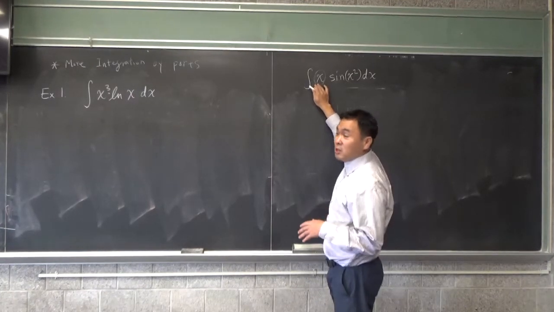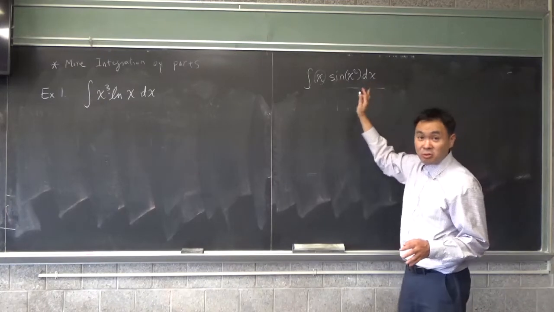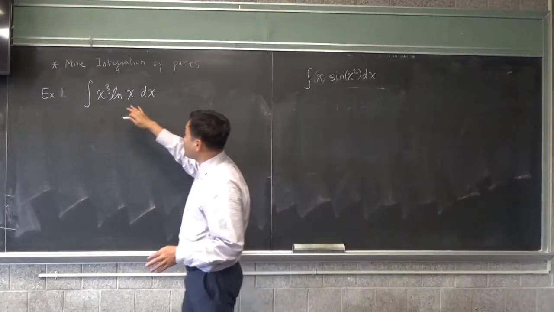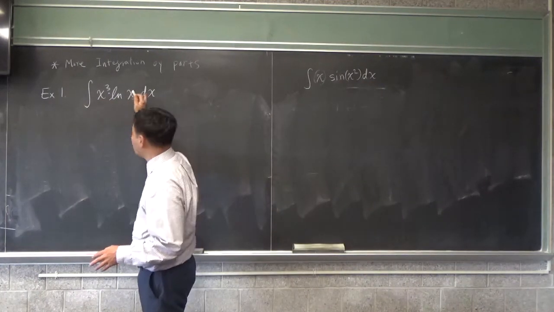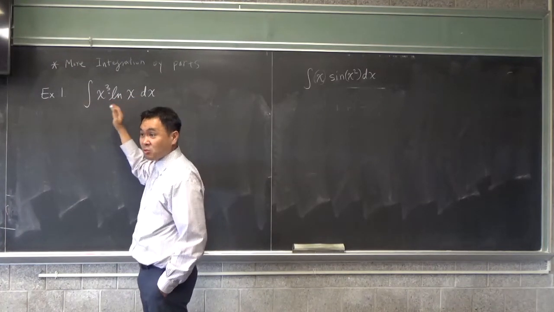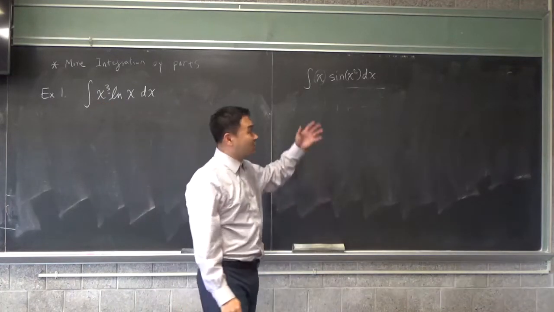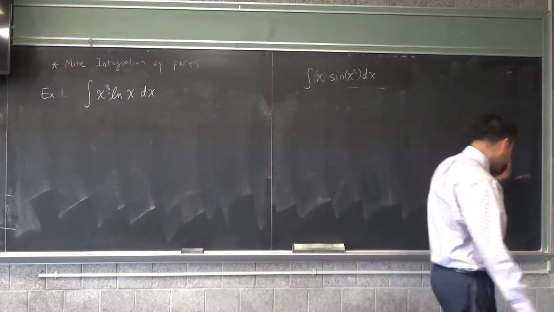When you undo the chain rule, this x will vanish away. That's why this is a u substitution, whereas this one doesn't have such a structure. You don't have an inside function whose derivative is outside. So this is an integration by parts question, whereas this is a u substitution question.